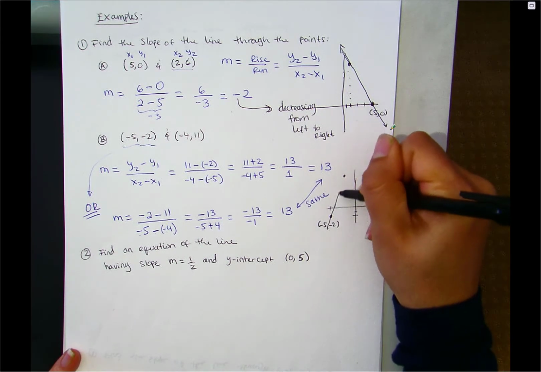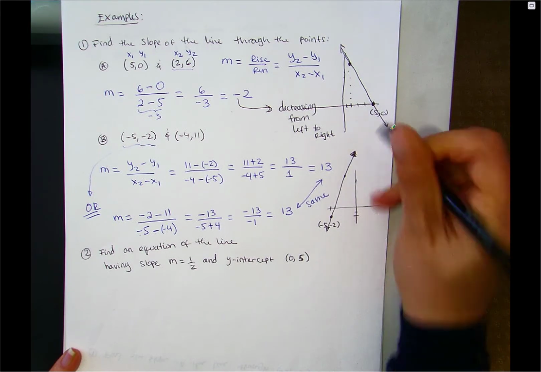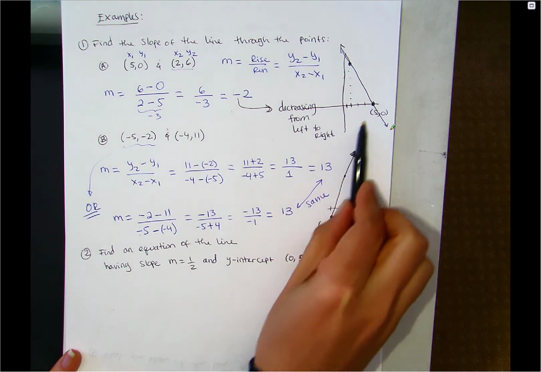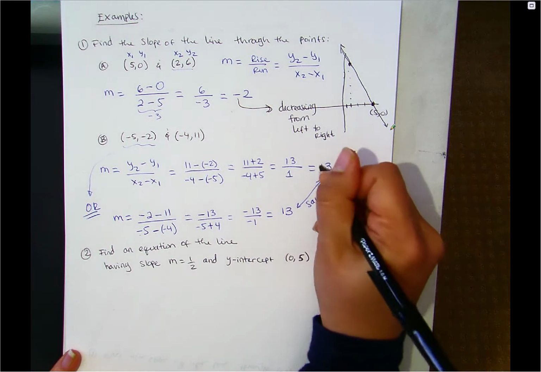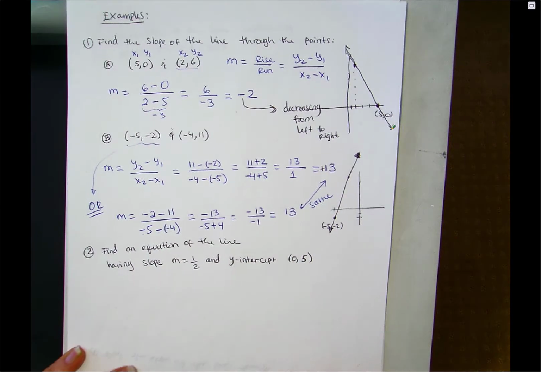Notice that as you look at this one from left to right, it's increasing. So a positive slope means it's increasing, and a negative slope means your line is going to be decreasing.